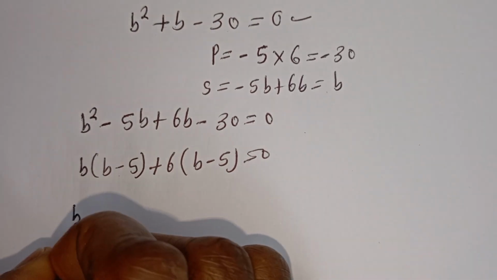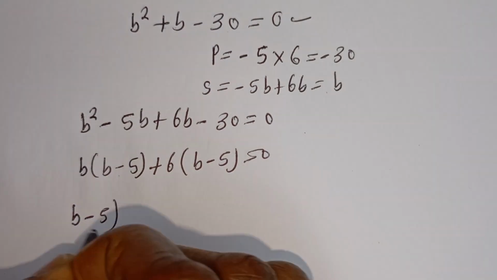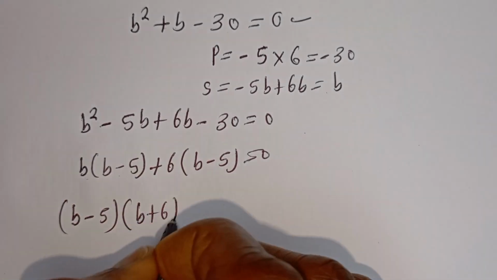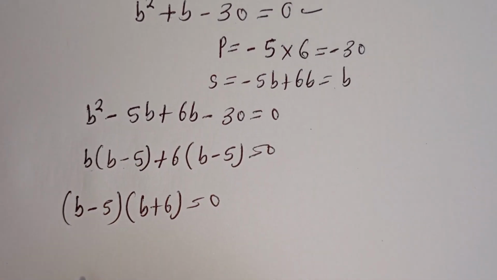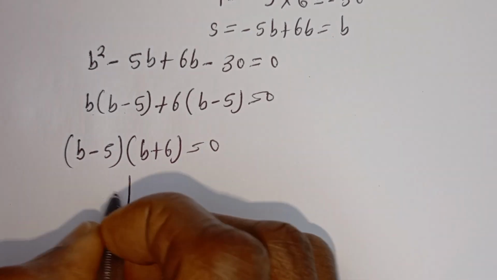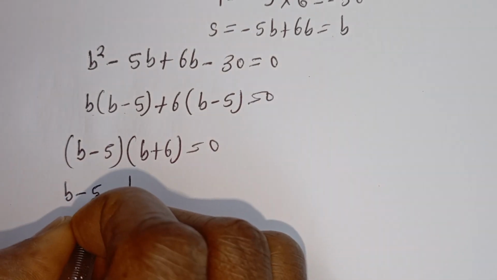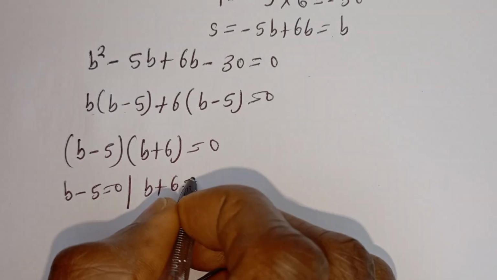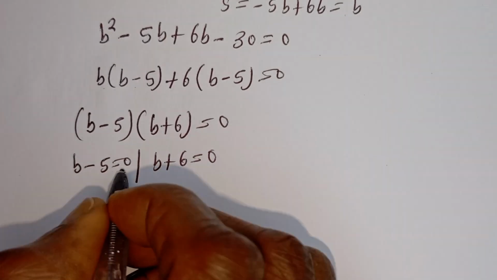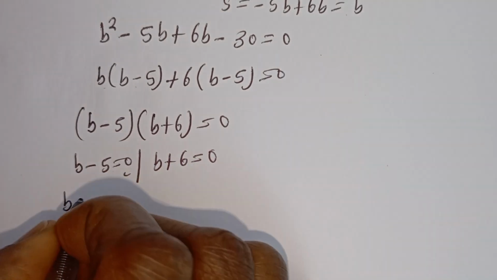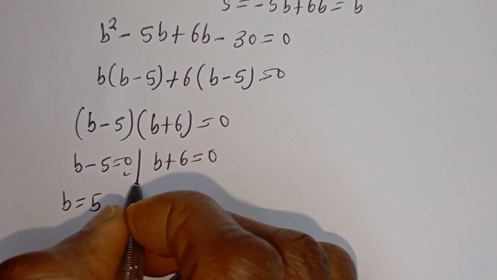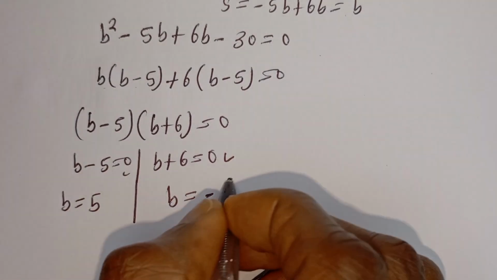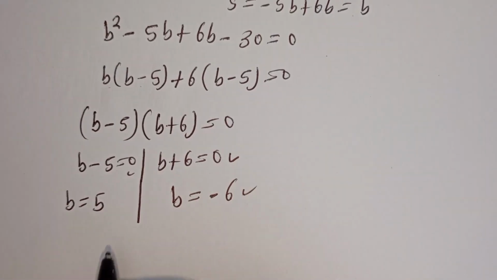We have b minus 5 bracket, this is b plus 6 is equal to 0. Then we have two cases, b minus 5 equal to 0 or b plus 6 is equal to 0. Then from here, b is equal to 5. And from here, b is equal to minus 6. We've gotten the value of b.